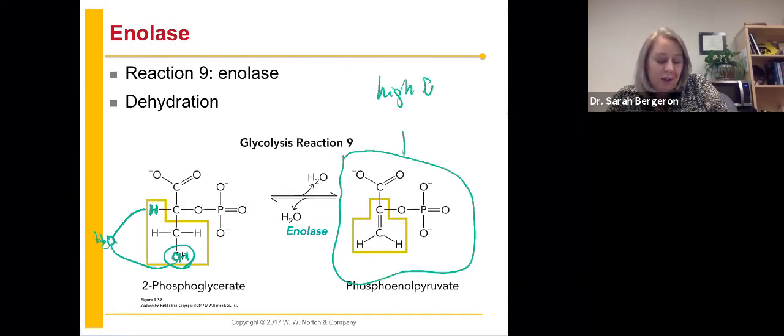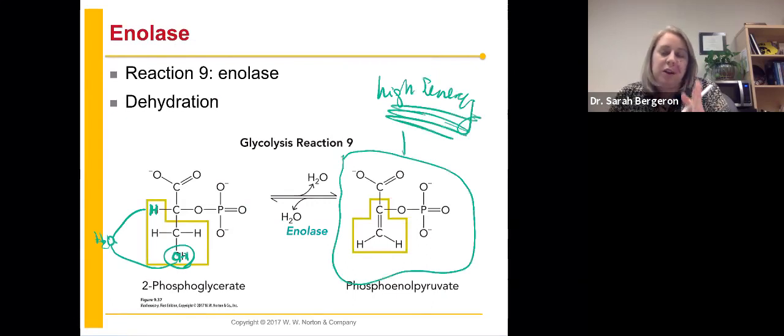High energy. And we need these high energy molecules so that we can do those substrate-level phosphorylation events. And so it makes it very easy to transfer our phosphoryl group from phosphoenolpyruvate to the ADP in the next reaction. So this is really similar to the glyceraldehyde-3-phosphate dehydrogenase catalyzed reaction in step 6.